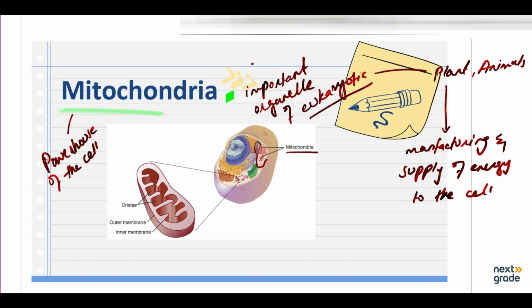If we go into a deeper microscopic view, then mitochondria looks like this. This is the outer membrane, the inner one is the inner membrane, and these structures present in the mitochondria are known as cristae, right?